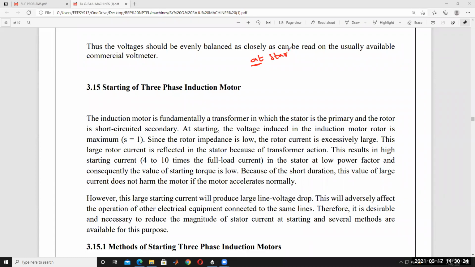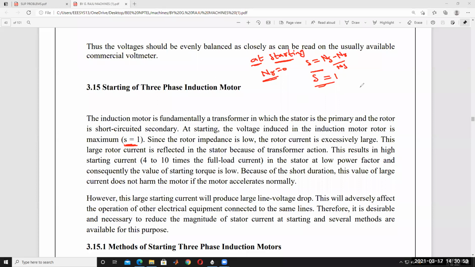So rotor speed is equal to 0. Then slip is equal to (Ns minus Nr) by Ns. Rotor speed is 0 means slip is equal to 1, by substituting Nr equal to 0. At starting condition, slip is equal to 1.